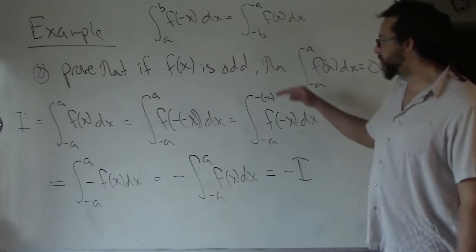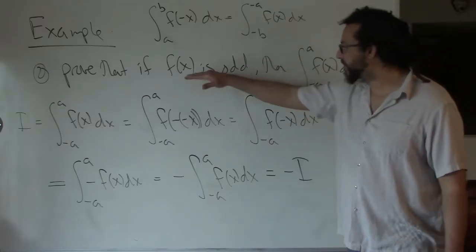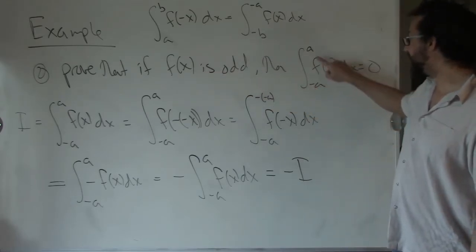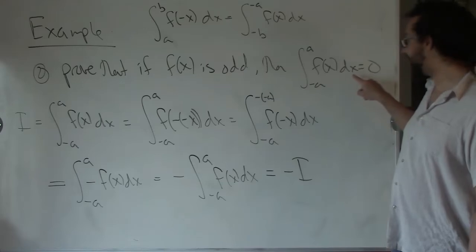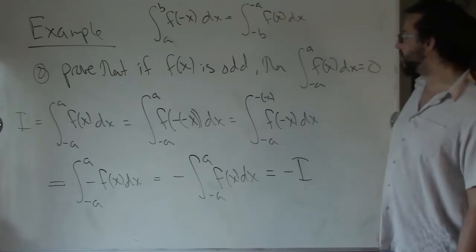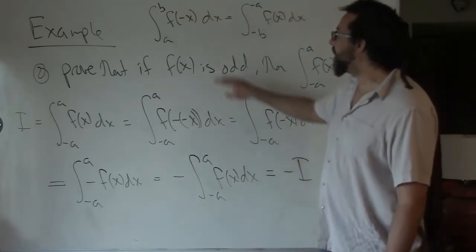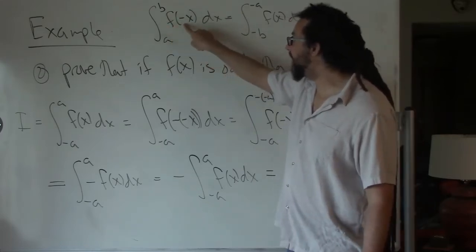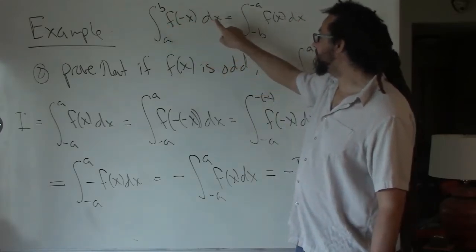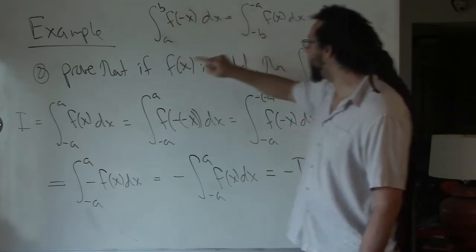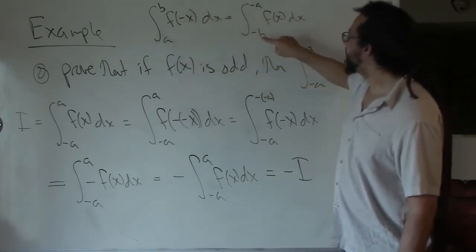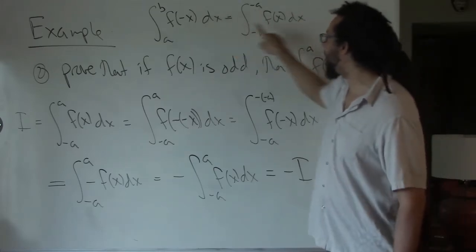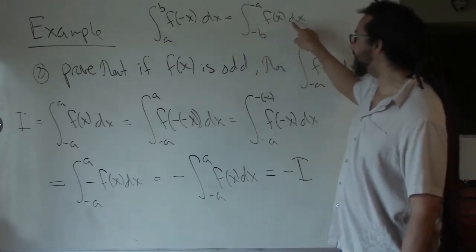So we want to prove item 2, that is, if f of x is an odd function, then the integral from negative a to a of f of x dx is just 0. So now, here's what we proved on the last board, that the integral of f of negative x, from a to b, is equal to the integral from negative b to negative a of f of x dx.